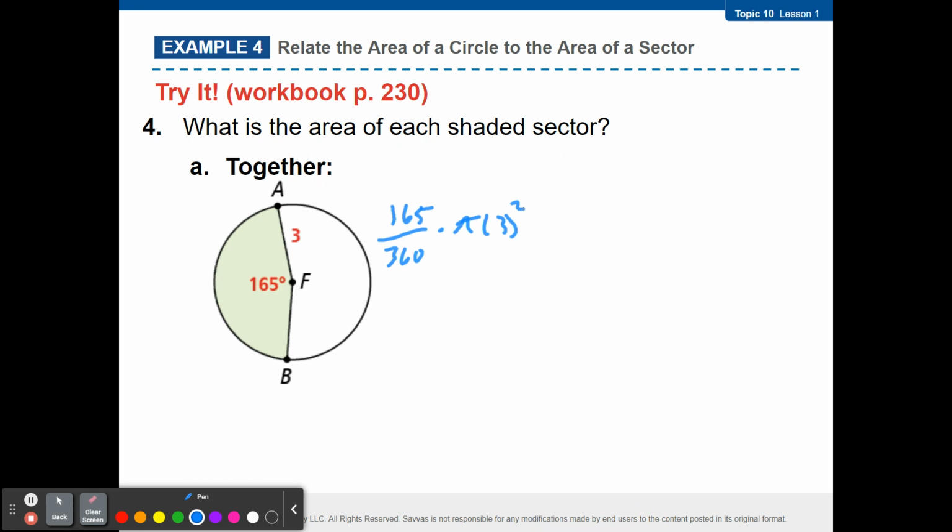Now this leaves me with 165 over 360 times 9 pi. I'm going to multiply the 165 by the 9. This leaves me with 1485 pi over 360. And then just remember from yesterday, we put that part in our calculator and hit math frac. What do we get?